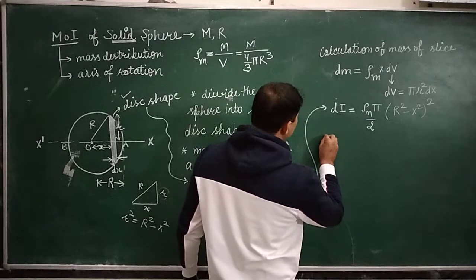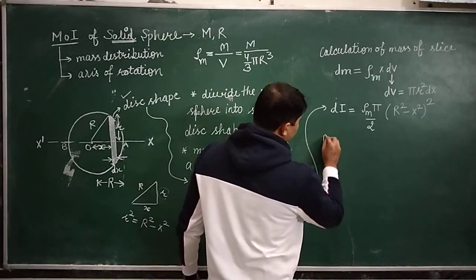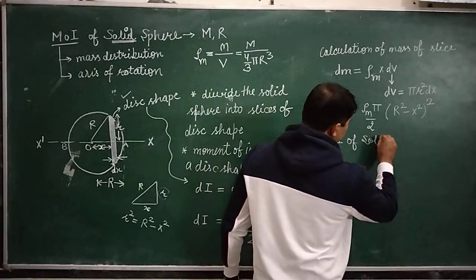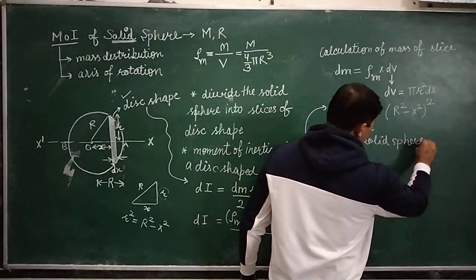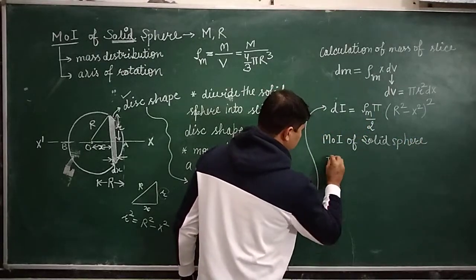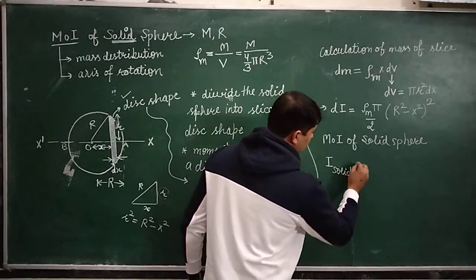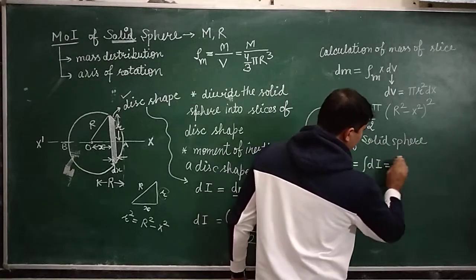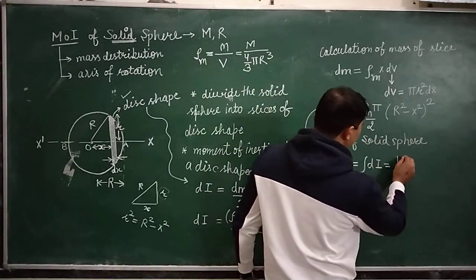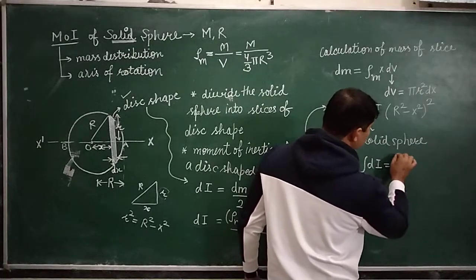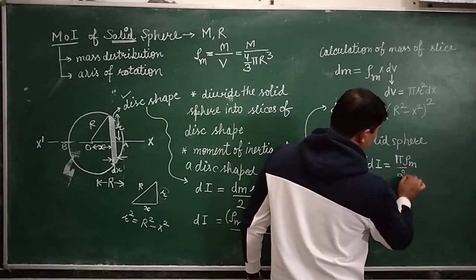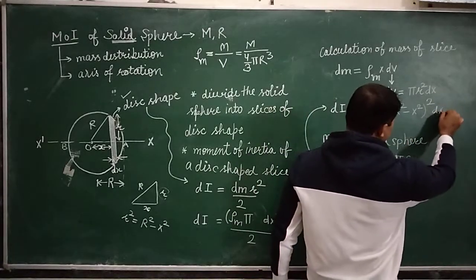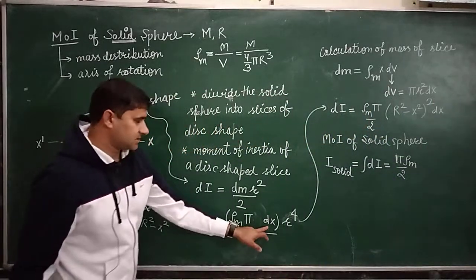Okay, so now the moment of inertia of the solid sphere will be I. Let me write solid here, and this will be the integration of this dI. You can take the constants out of the integration, and here you have pi rho m divided by 2. One more thing, you have dx left here.